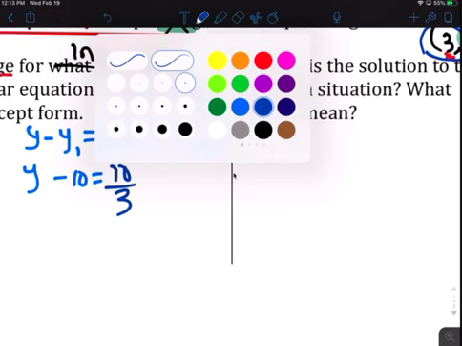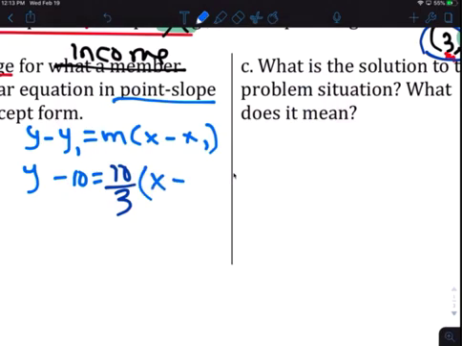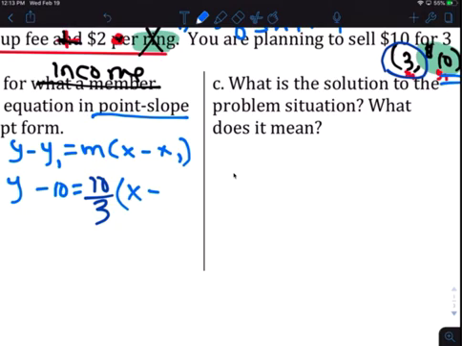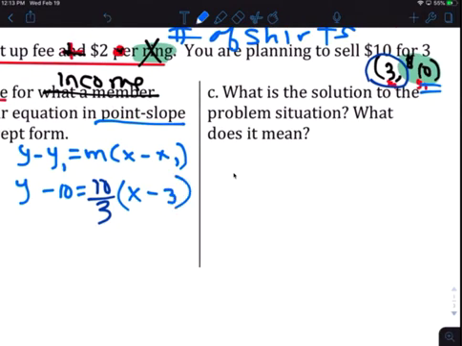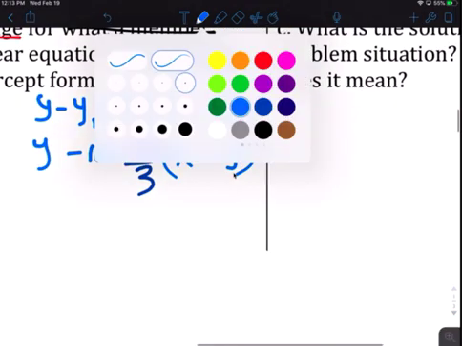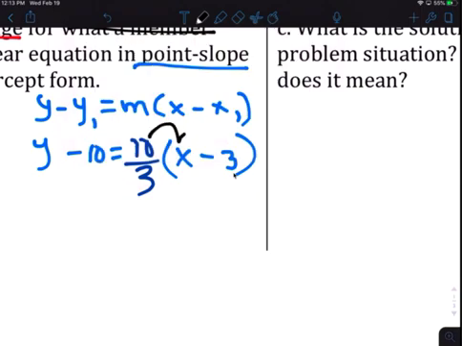Parentheses, x minus x sub 1, which is the 3. Multiply, distribute, you get that. Use your calculator, 10 divided by 3, so times it by 3.